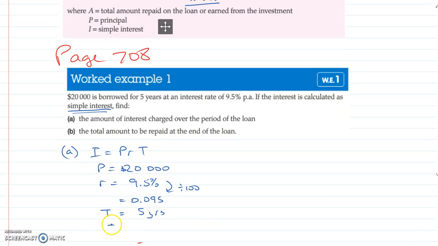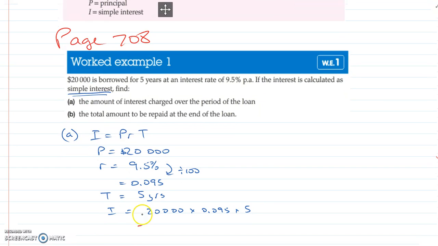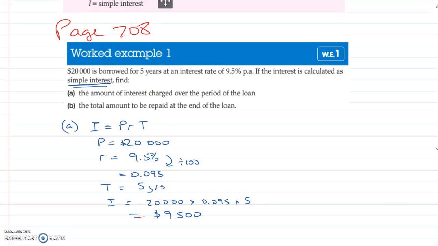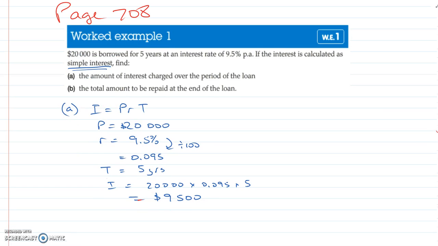So I equals 20,000 times 0.095 times 5, and if you put that in your calculator, that is going to be $9,500. Since you've borrowed this money, that's how much interest you'll have to pay in 5 years.